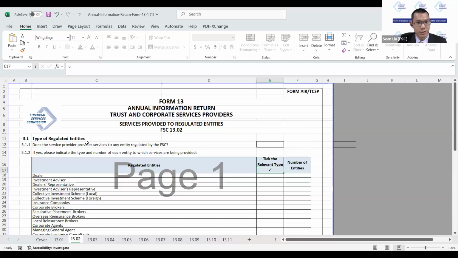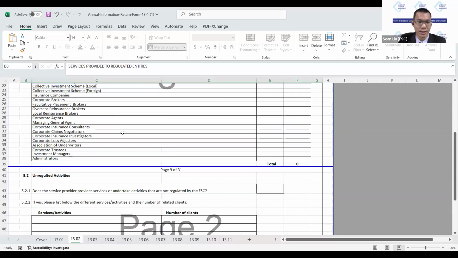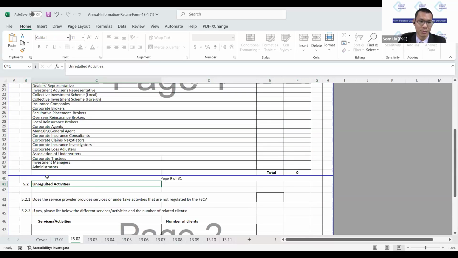Moving on to sheet 1302. Services provided to regulated entities. So we'll ask if you provide any services to regulated entities, and we'll also ask about unregulated activities by the licensees in this sheet.